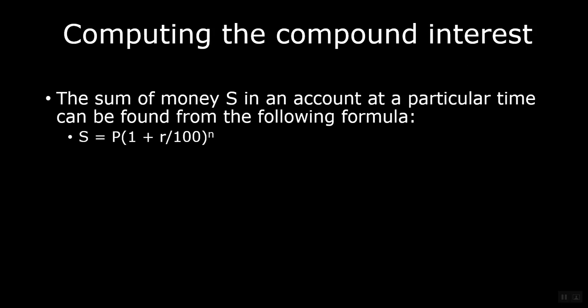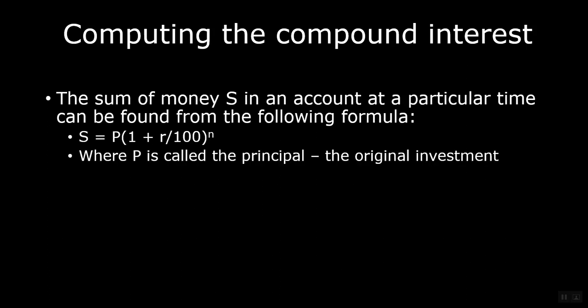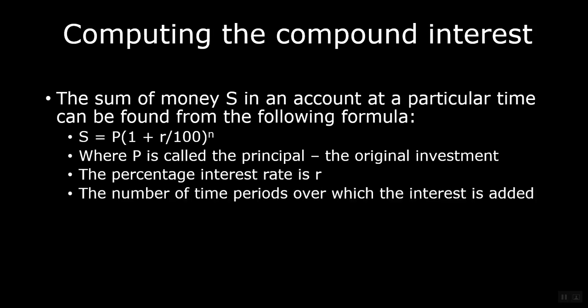So in 1 year you'll have had 12 periods, but your interest rate will only be the R that you got for a year divided by 12. Roughly, get it? Okay? P is called the principal, R the percentage interest rate, and N the number of time periods over which the interest is added.